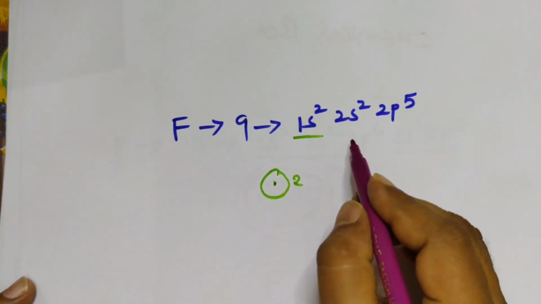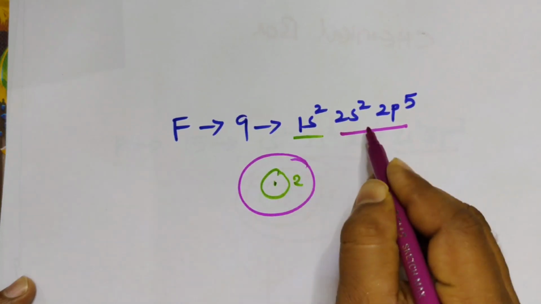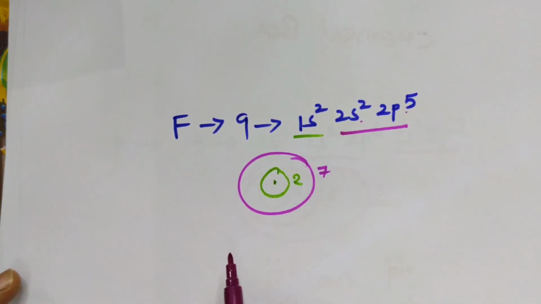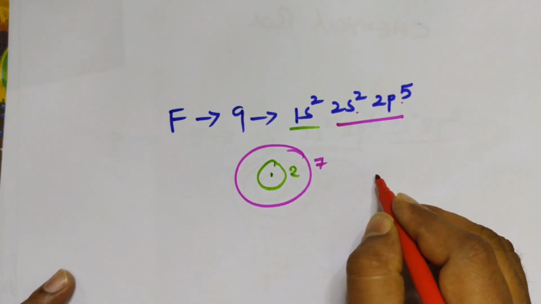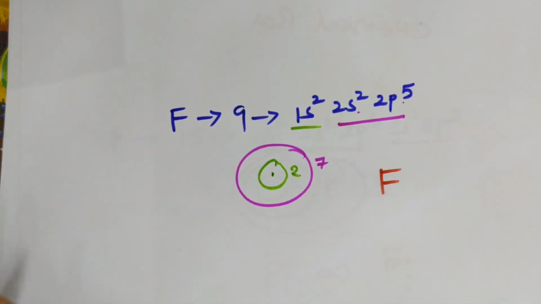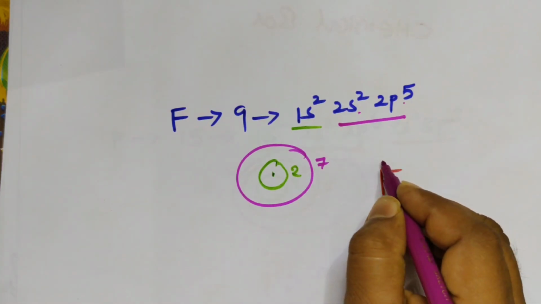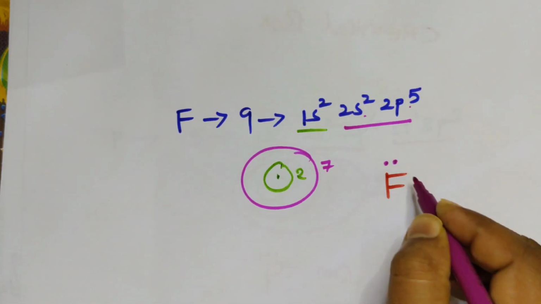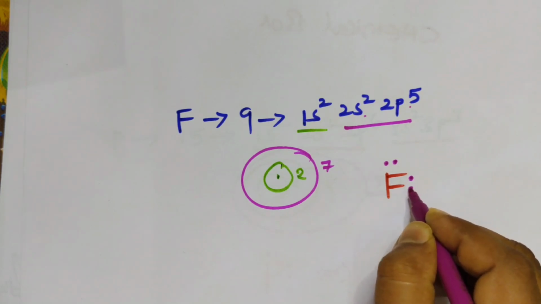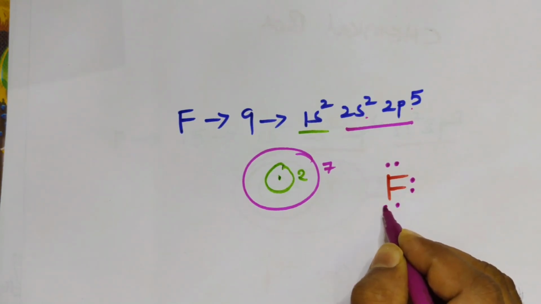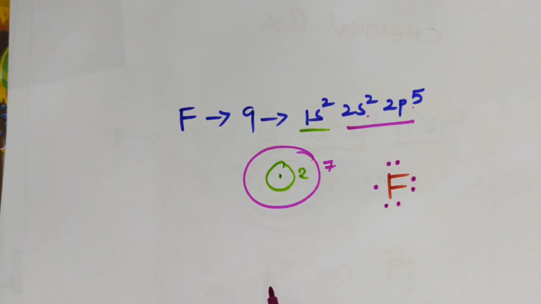Second orbit, how many electrons? Very good, here 2, here 5, 7. So 7 valence electrons. Now first you write the symbol of fluorine. Next, around the symbol you represent the valence electrons either using dots or X symbols: 1, 2, 3, 4, 5, 6, 7. This is the Lewis dot structure of fluorine.